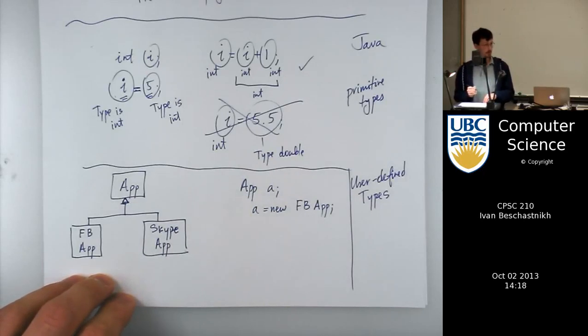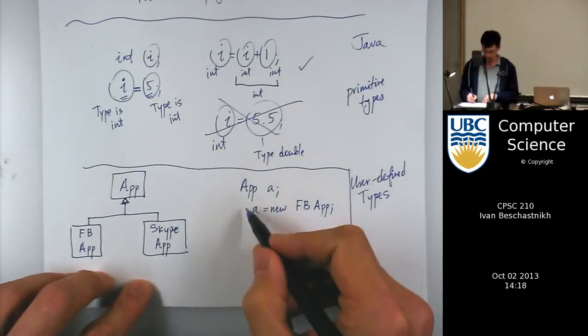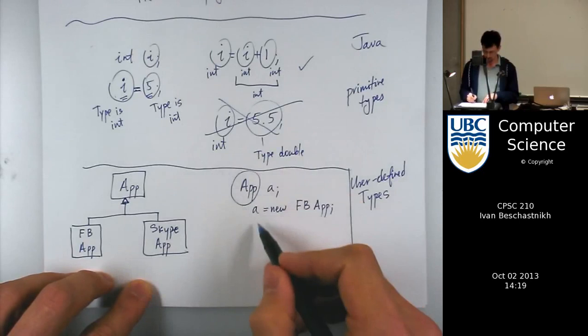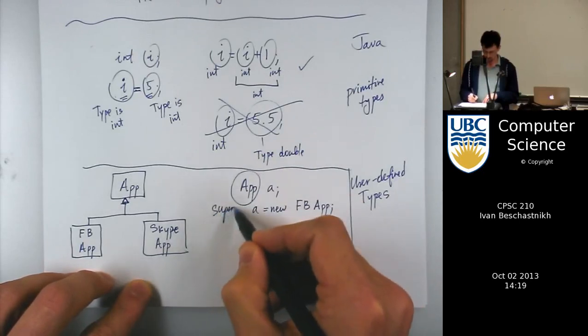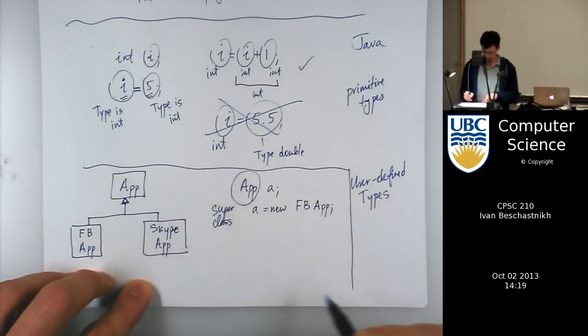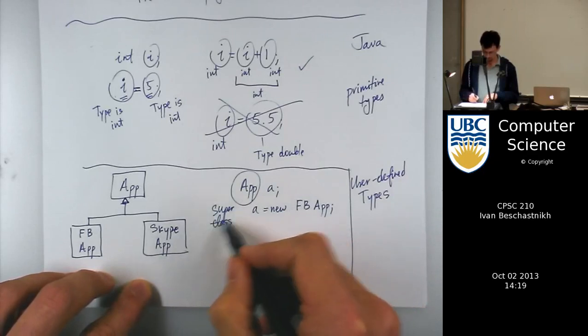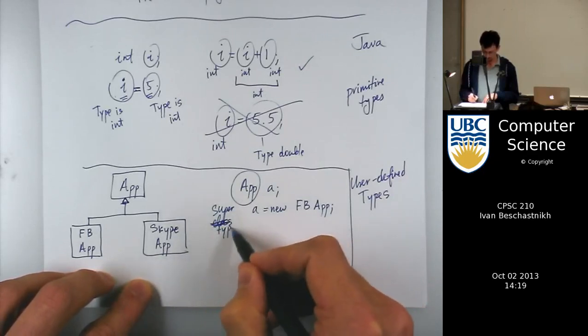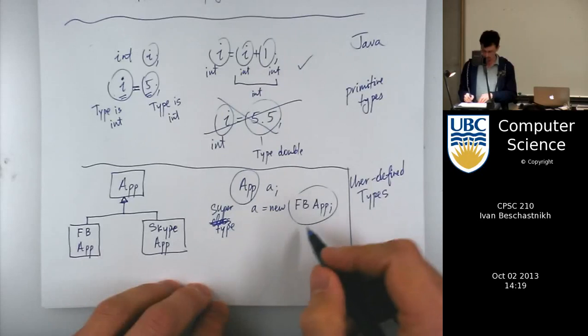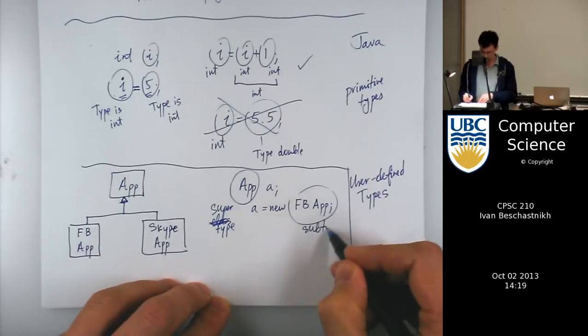It's the subtype relationship. So this app thing is a superclass. Really, I should be saying supertype. And every FB app is a subtype.